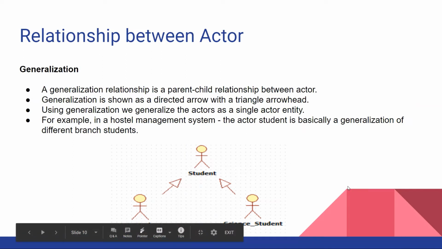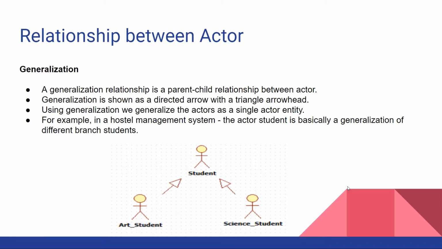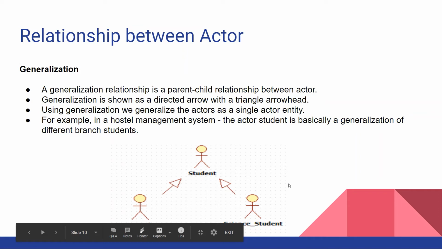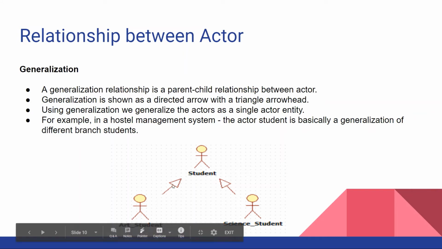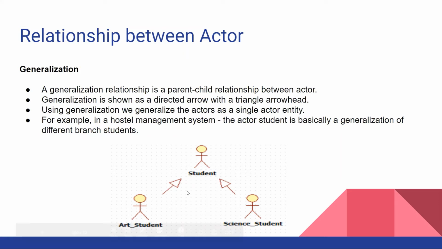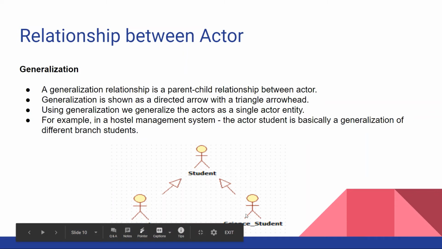In a hostel there may be different types of students, like art student, science student, commerce student, etc. But it's not feasible to show each and every actor in a diagram. So we make a common actor, which is student, and then we generalize them. This student basically represents every type of student, like art student and science student.